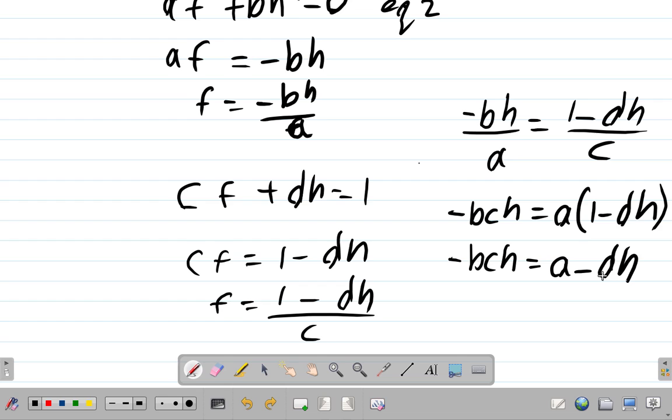So now we add ADH to both sides. It will come on the left hand side as ADH, because we're adding it. Then your minus BCH plus ADH equals, but negative ADH plus ADH is 0, so you only have A over here.